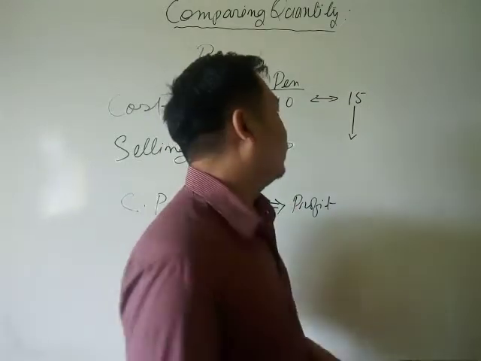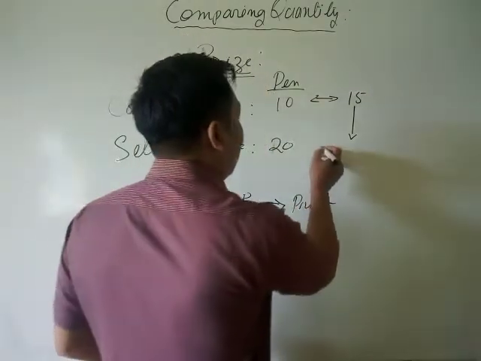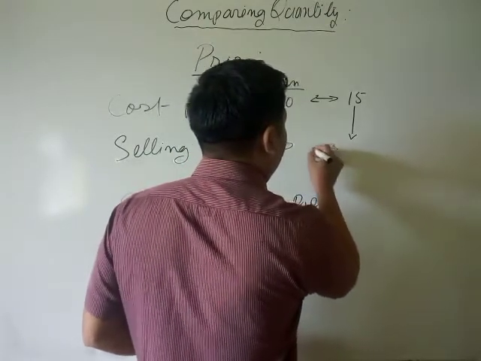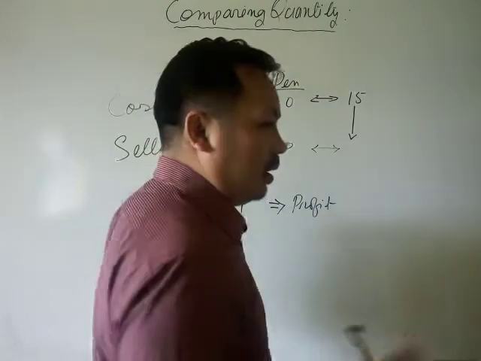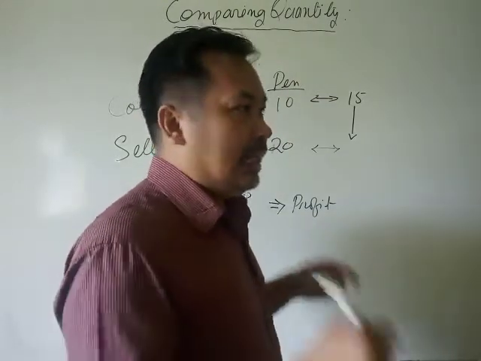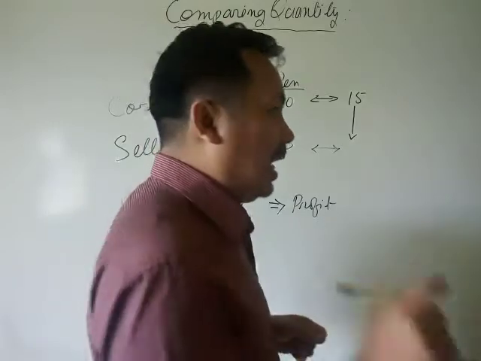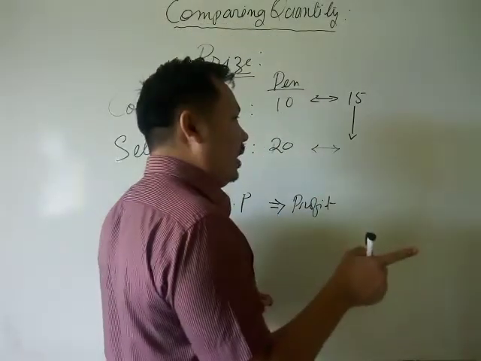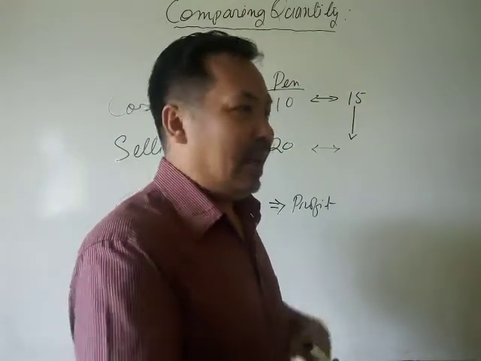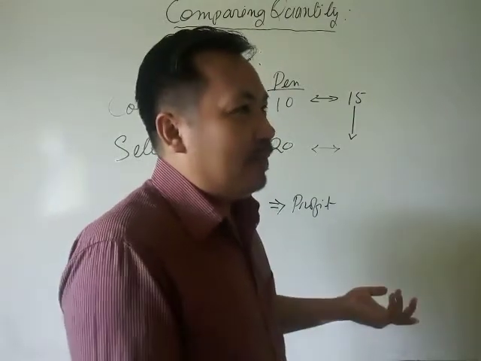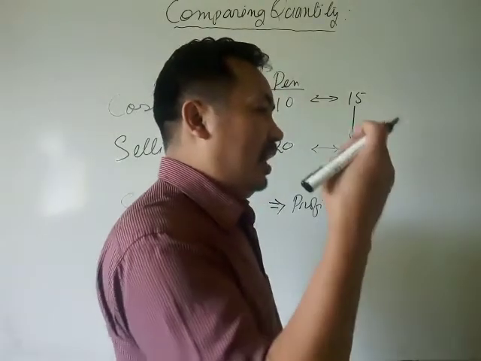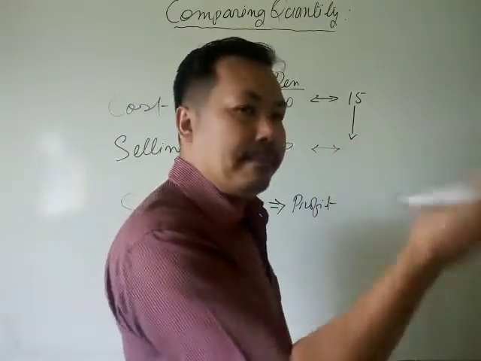So what happened? The people who used to go out, fortunately or unfortunately, are in need of a pen, and one asked, I will give you only 10 rupees. I don't have much money because of the pandemic. I cannot earn also, so I have only 10 rupees. I have no option. But that is the only customer to whom the shopkeeper can sell that pen.